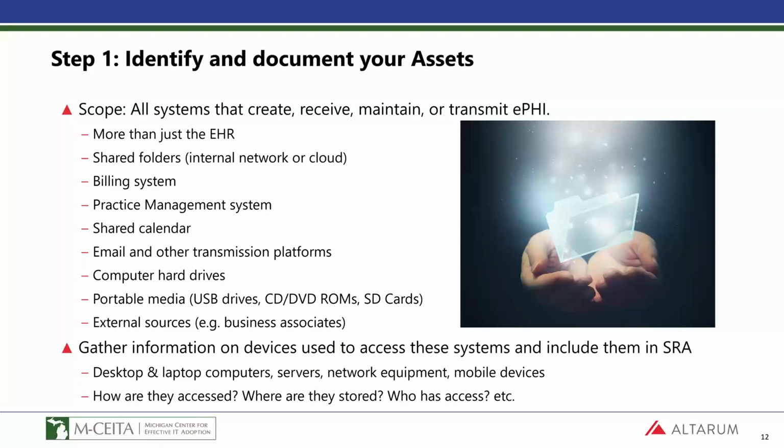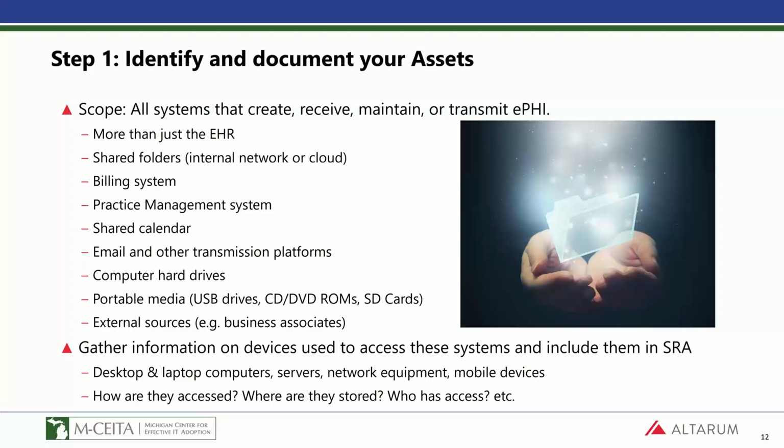And so beyond the devices, you want to gather information on devices used to access your systems and include them in your SRA. But you also need to consider the EHR and other applications, like I was saying. And consider also that EPHI is broader than your medical records. Your medical records obviously contain a lot of EPHI.